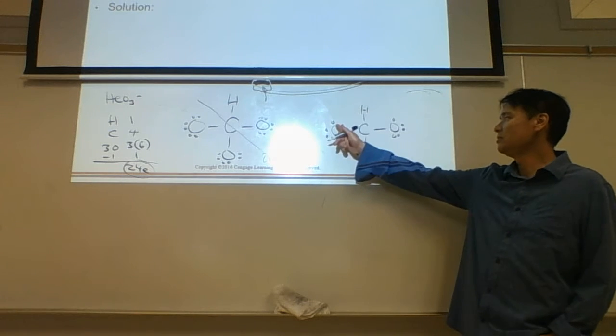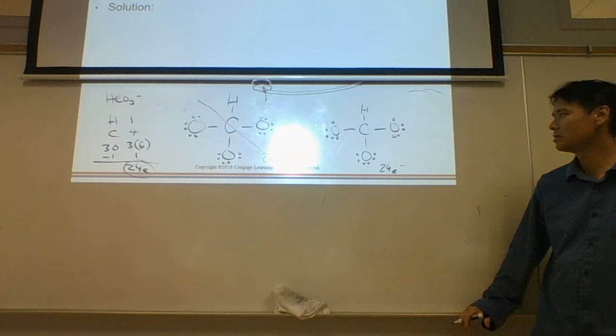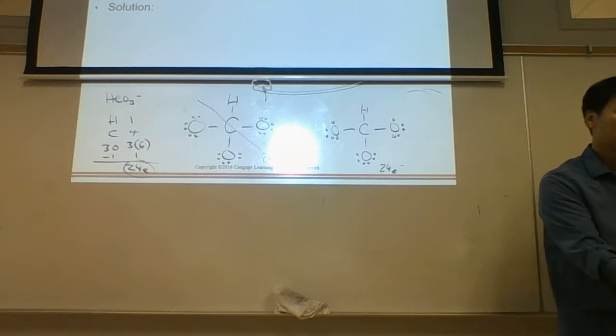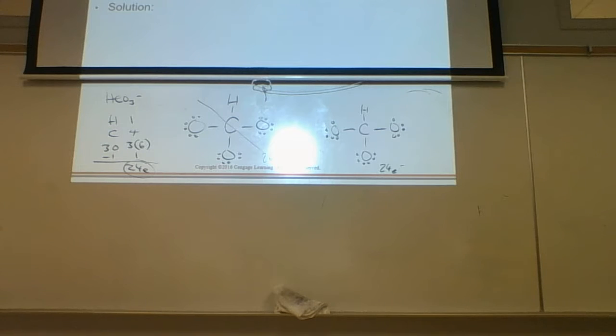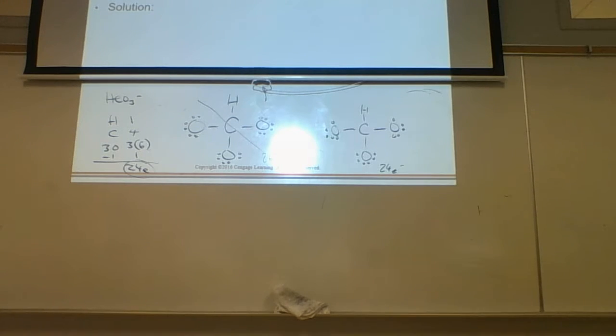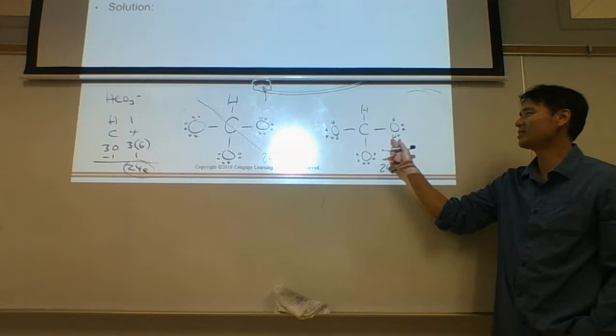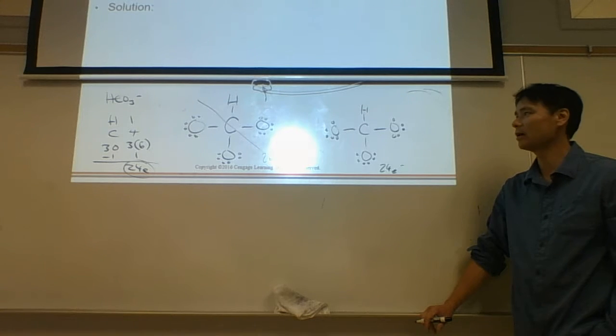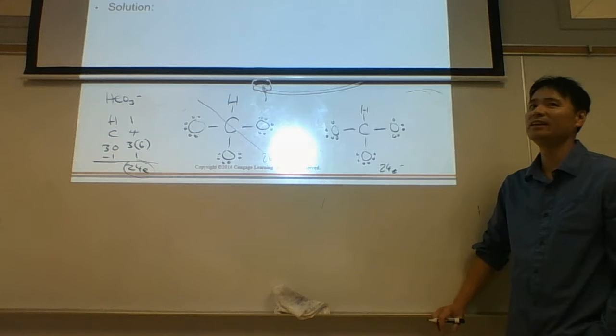The other issue is, you've seen these kind of things before where there's just a single electron. When you see a single electron like that, do you know what kind of species that is? It's a radical. Yeah, it's a radical. Well, it's not just any radical, it's a free radical. Are free radicals stable? No, they're very reactive. Is bicarbonate stable? Yeah, somewhat.